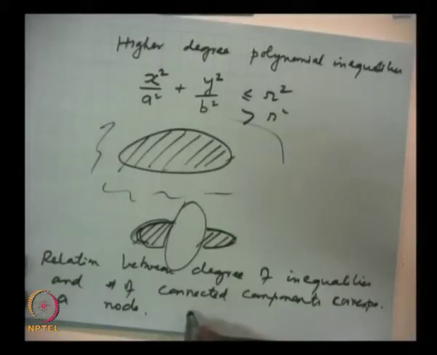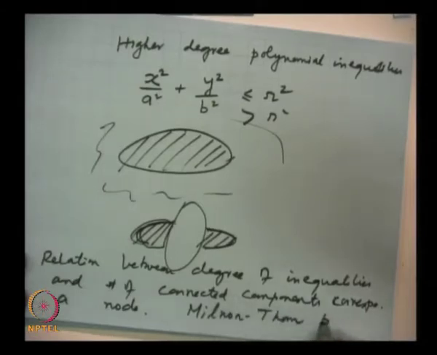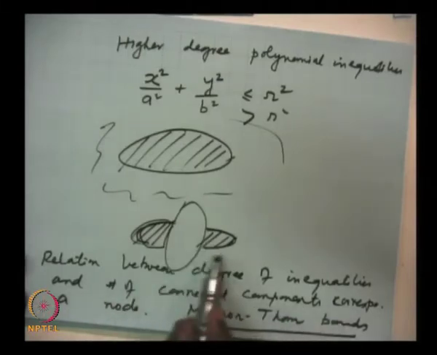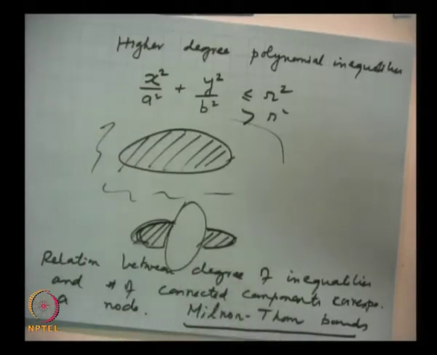Historically, it follows from what are called Milnor-Thom bounds. They give you some kind of handle on the number of connected components. If the degree is 2, more or less what we said would hold, but it is not that simple. It kind of grows exponentially with dimensions.